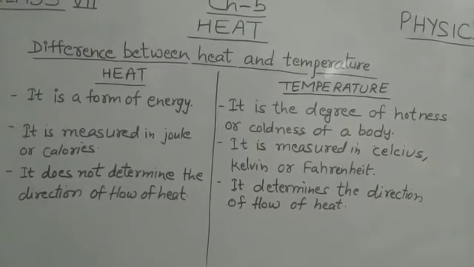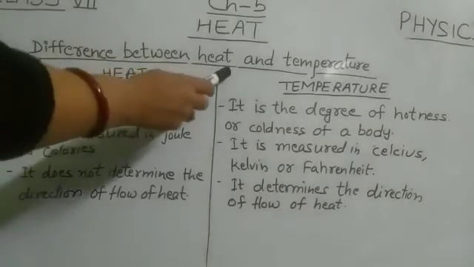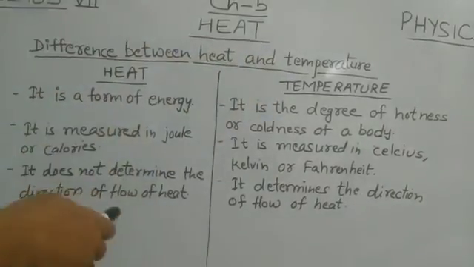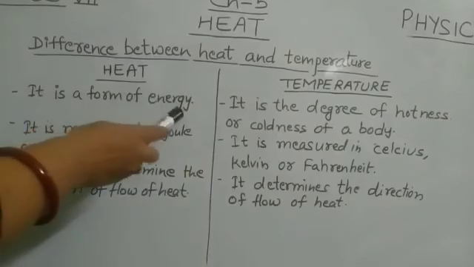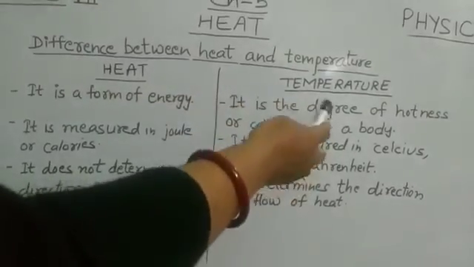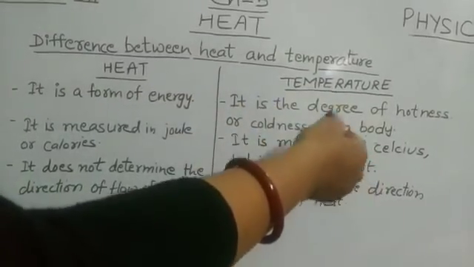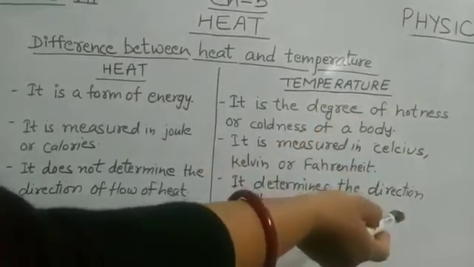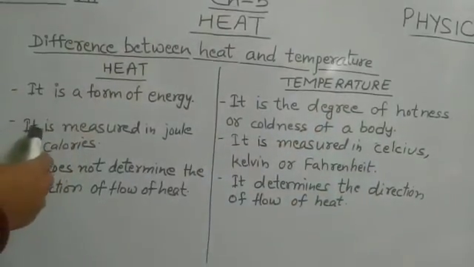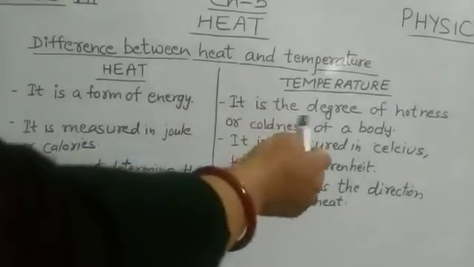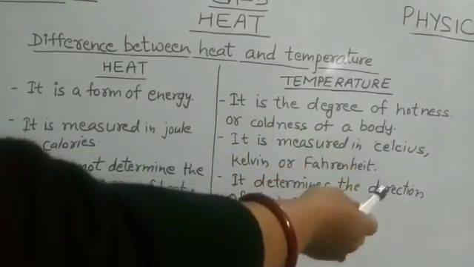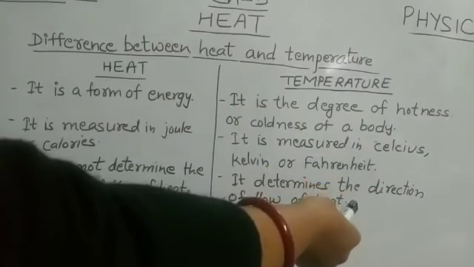Now next one is difference between heat and temperature. Heat is a form of energy while temperature is the degree of hotness or coldness of a body. Second one is heat is measured in joule or calories while temperature is measured in Celsius, Kelvin or Fahrenheit.